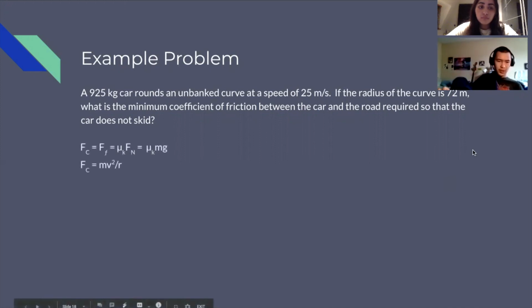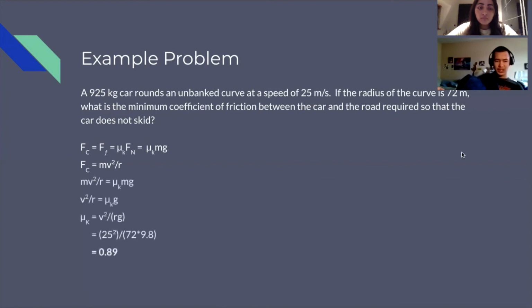So the first thing we want to do is say that the centripetal force is going to be equal to the friction force, because otherwise the car would skid off. The friction force is equal to the coefficient of kinetic friction times the normal force, or mu k times mg in this case, and the centripetal force is mv squared over r.